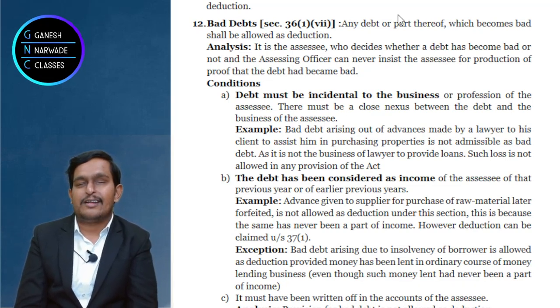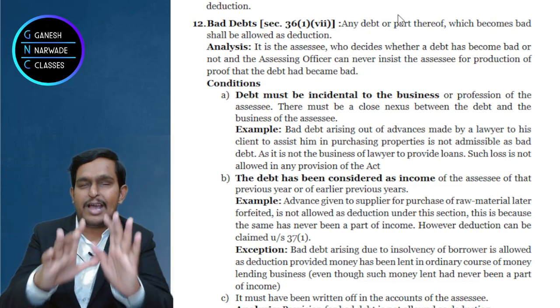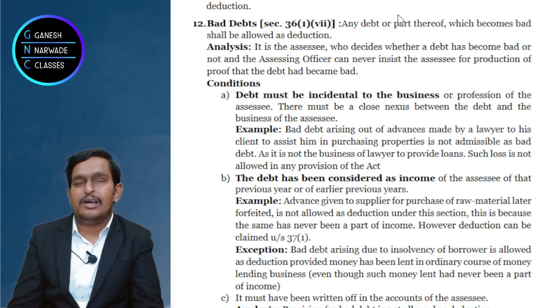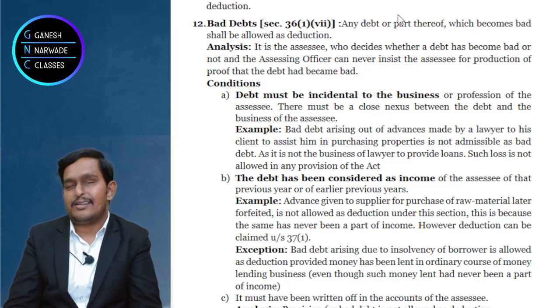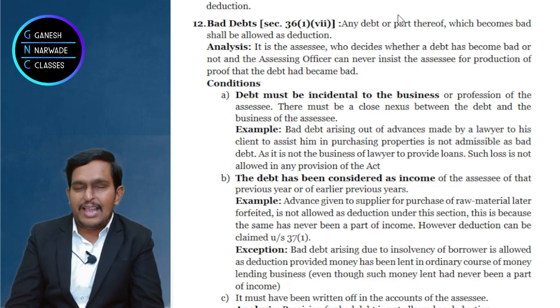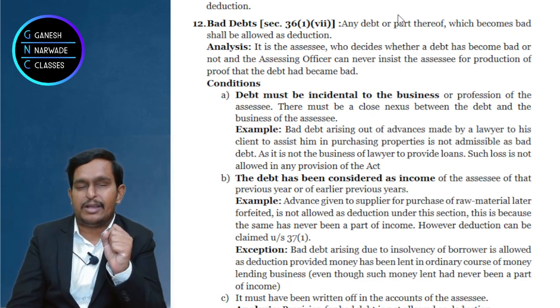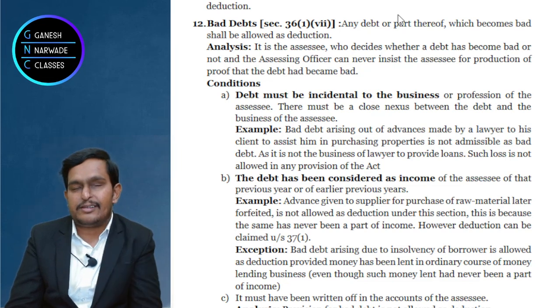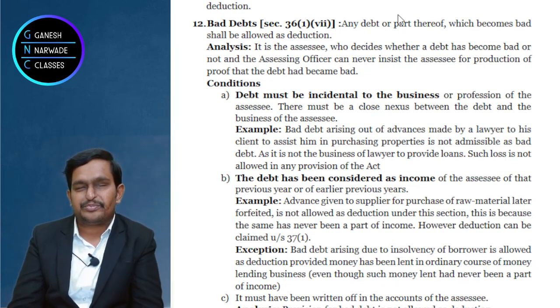So you believed the customer, you gave suppose 2 lakhs worth of goods on credit to Imtiaz. Later on, Imtiaz did not pay the money. Your policy is to get the money within 3 months, but he did not pay within 3 months, 6 months, 1 year.